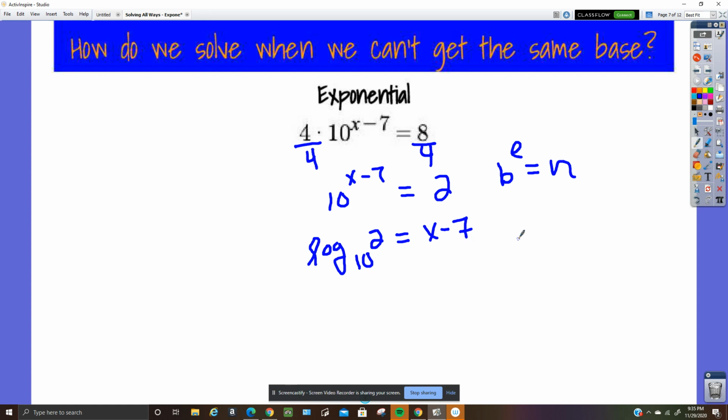So let me write that a little better so the subscript is not so big. You're changing it to the equivalent log form.